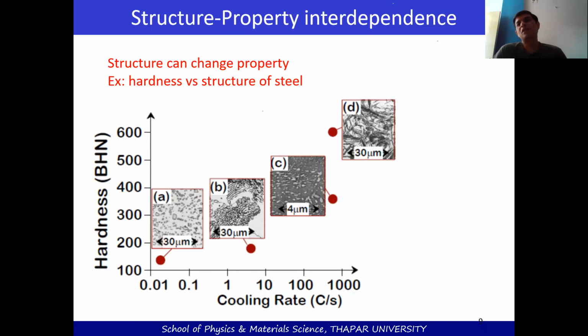Now, mainly in the industry, there are two practices which people follow. One is they quench the solid. What is quenching? Quenching is when the molten phase of the liquid metal is suddenly reduced in temperature by dipping it directly into water.